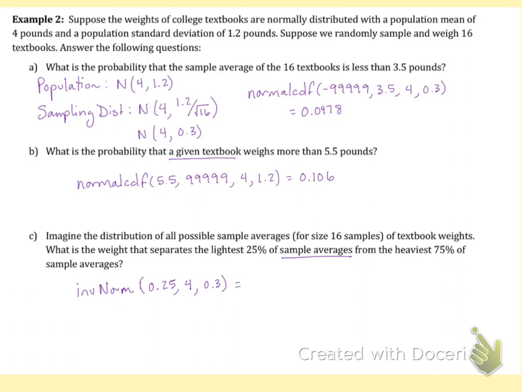So when we put this in our calculator, we get 3.8. So this is going to be 3.8 pounds. So any sample average that is 3.8 pounds or less is going to encompass the lightest 25% of sample averages.